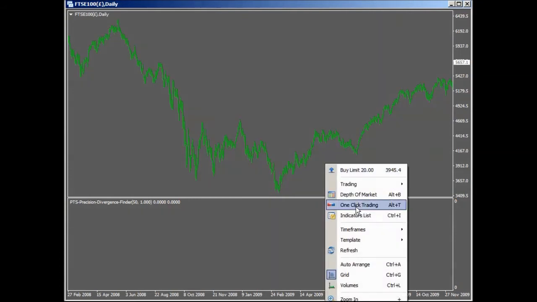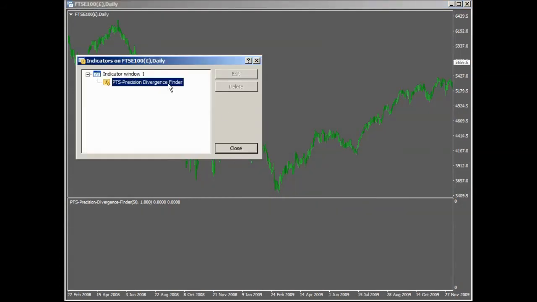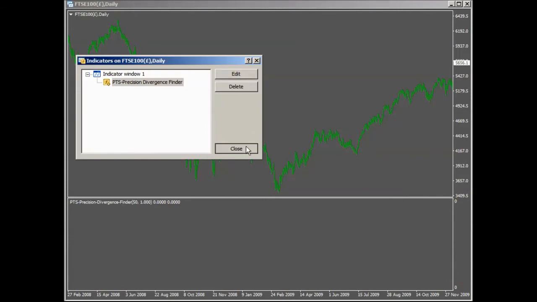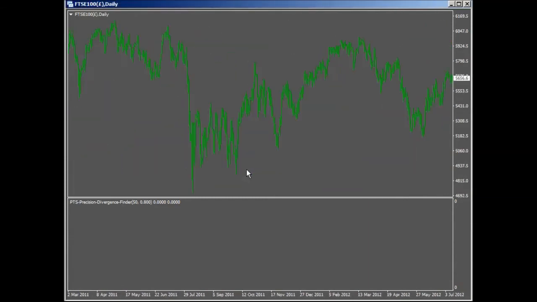So we go to our indicator and we adjust to 0.8. Then look through again.